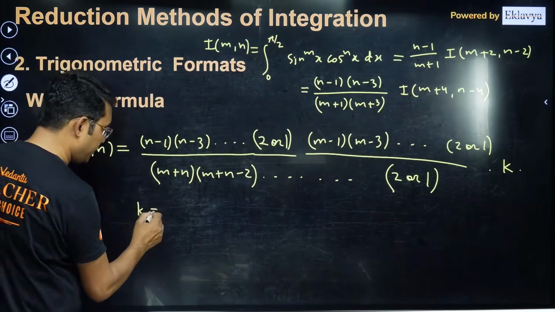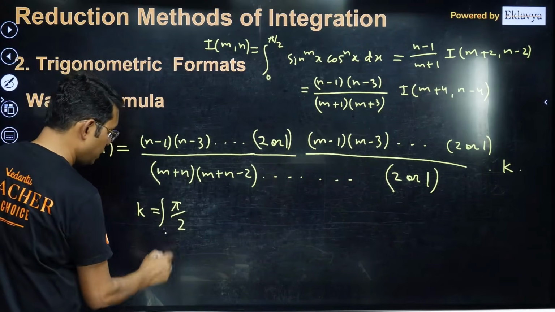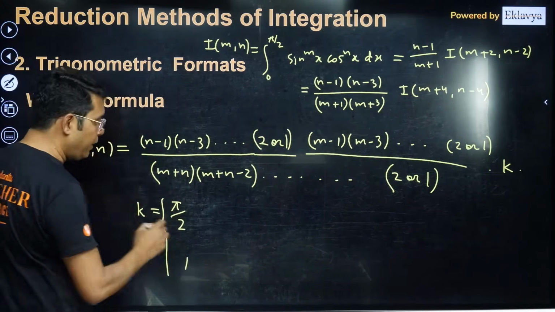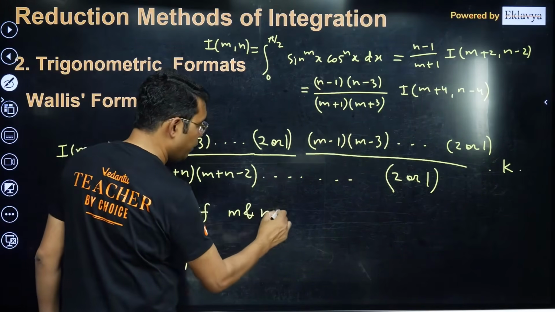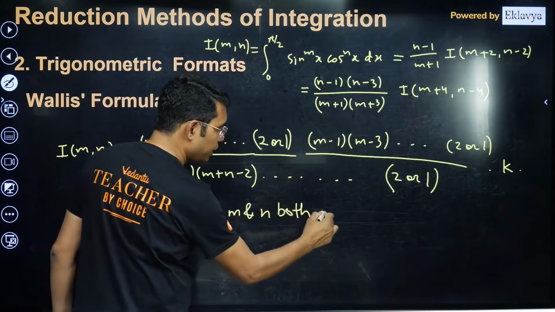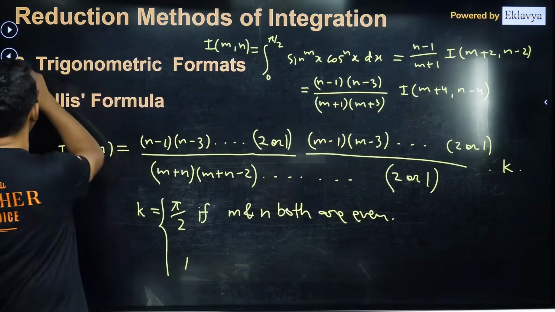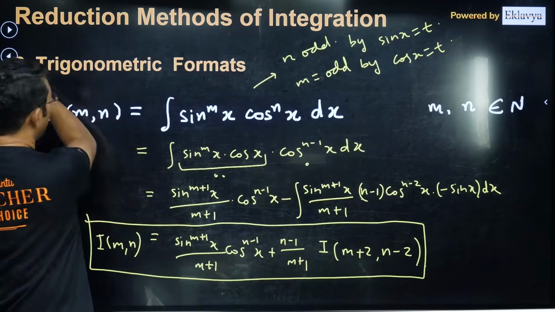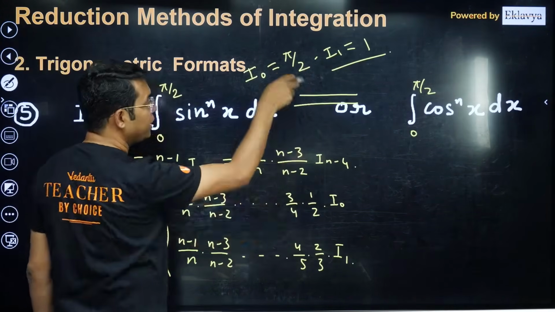This value of k is pi by 2 or 1. It is pi by 2 if m and n both are even. You have seen why pi by 2 was coming in the previous case also, where I was deriving sine nx dx. We got I naught as pi by 2.